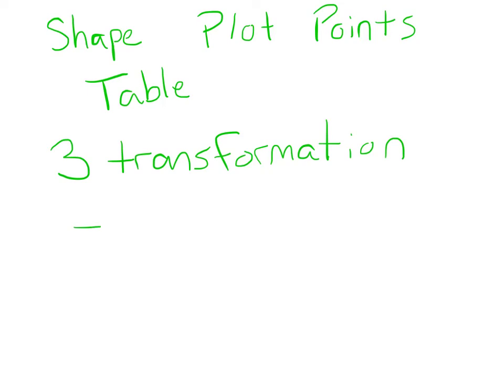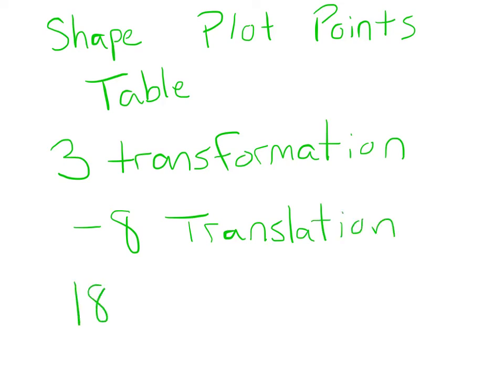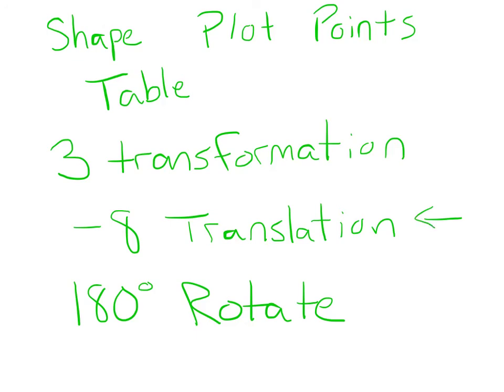So if you decide like I did that you're going to go -8 on your translation, then you need to make sure that you are doing a -8 translation the entire time. If you rotate 180 degrees, if you want to do that, that's fine. You just got to make sure that you do on all of them. That way you can look to see what kind of pattern happens to your coordinates whenever you do a -8 translation.